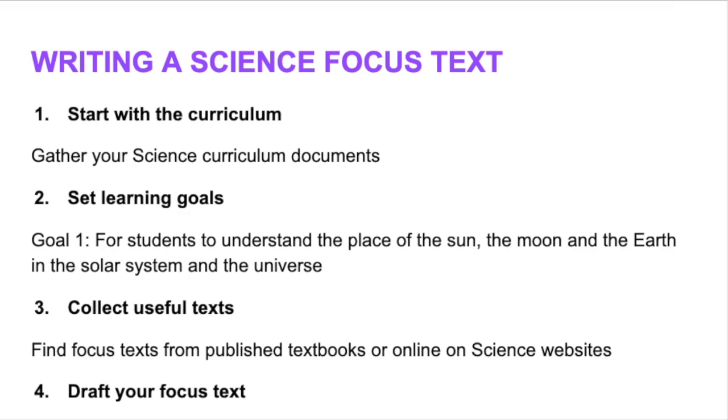Number 3, you collect useful text. So you're looking for focused text from published textbooks or online on science websites to inform your own text that you're writing. And you start the process of drafting your focus text, and that will be the one that you use in the classroom with the students.